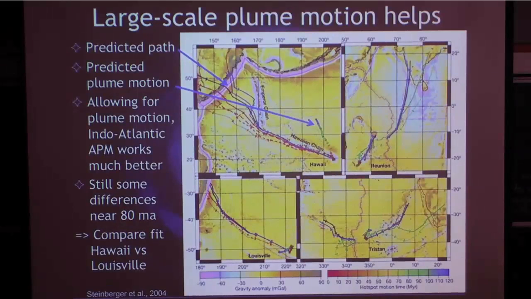And with a Steinberger kind of model, if you actually use the plume hotspot reference frame, the entire mantle will rotate the same way as the surface plates. Also, when you talk about the plumes, they got generated for good reasons near the core-mantle boundary.